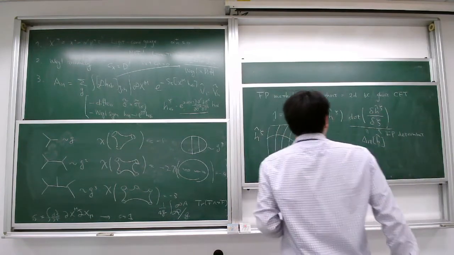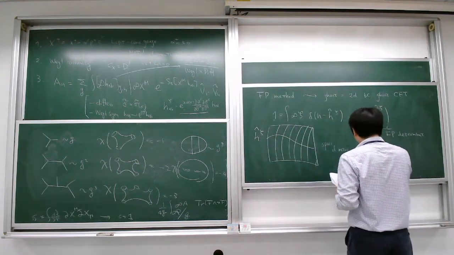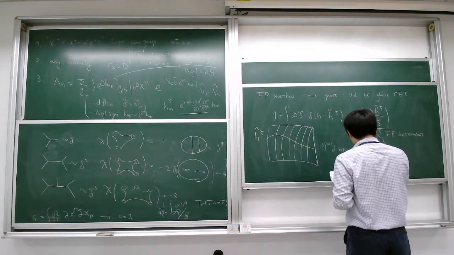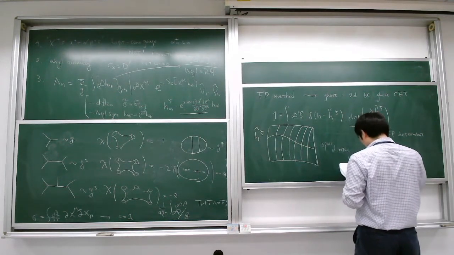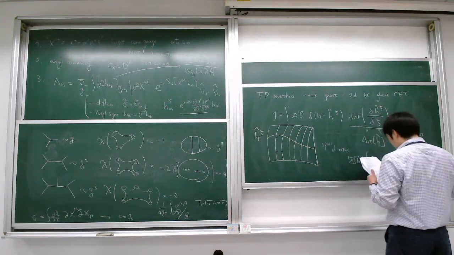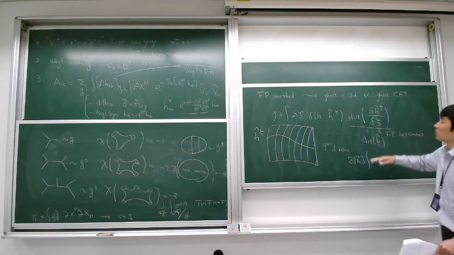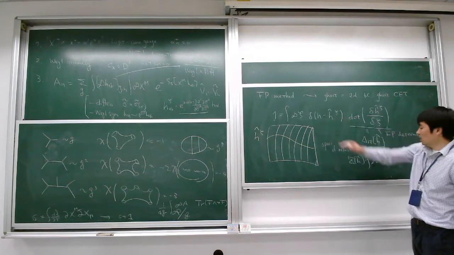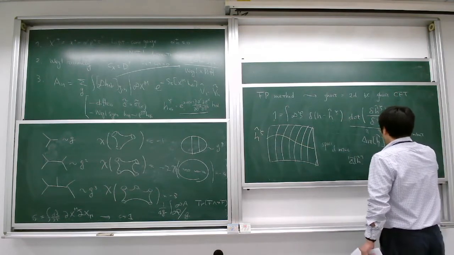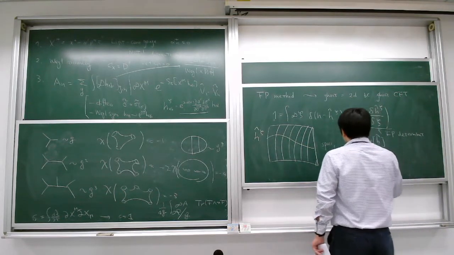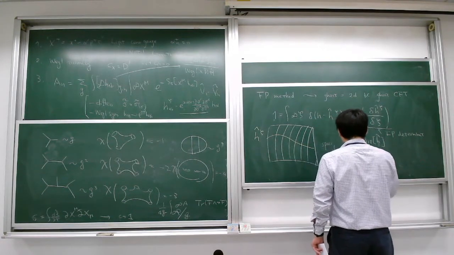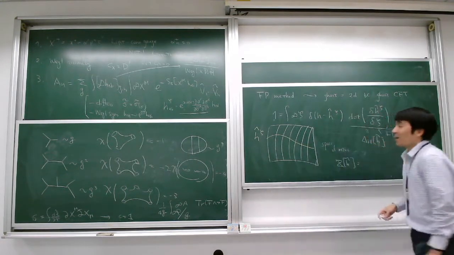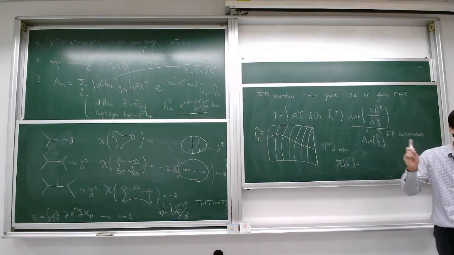So we just include this Faddeev-Popov determinant in the path integral to fix the gauge. Since we introduce it, let's do it step by step. I heard this story from Kashaev.